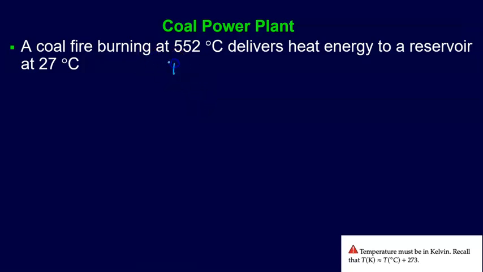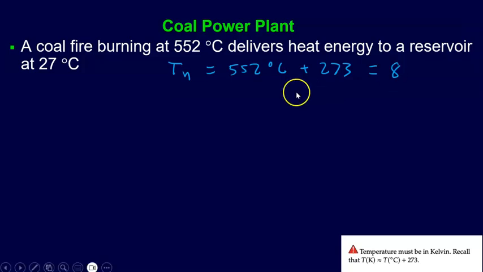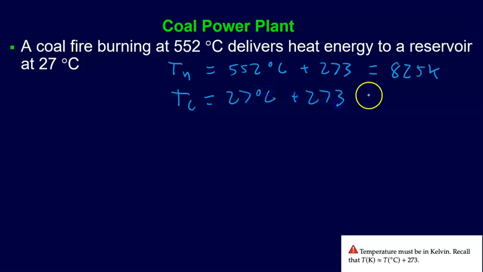So my temperature hot is going to be 552 degrees Celsius plus 273, which comes out to be 825 degrees Kelvin. And then the cold temperature is 27 degrees Celsius plus 273, which is 300.